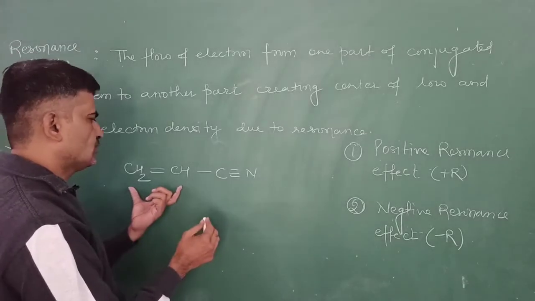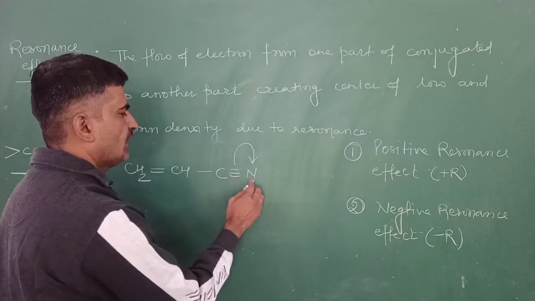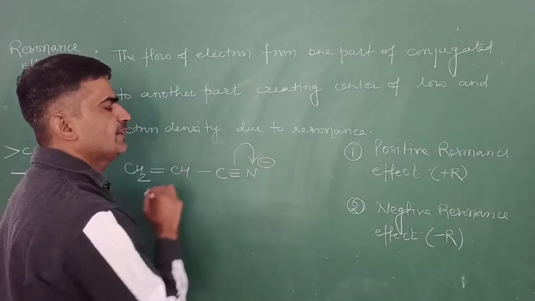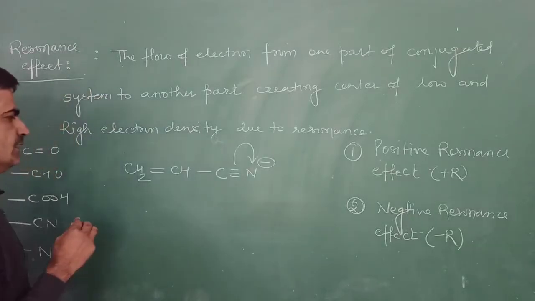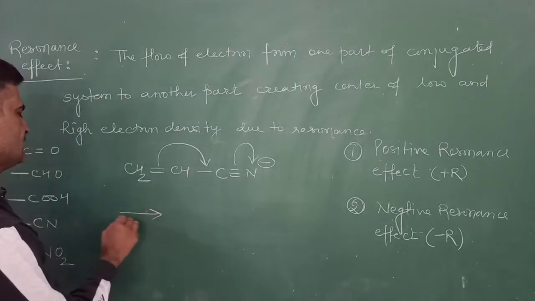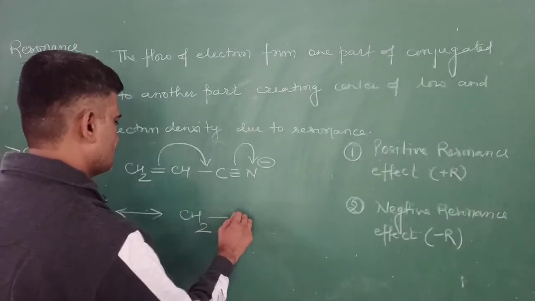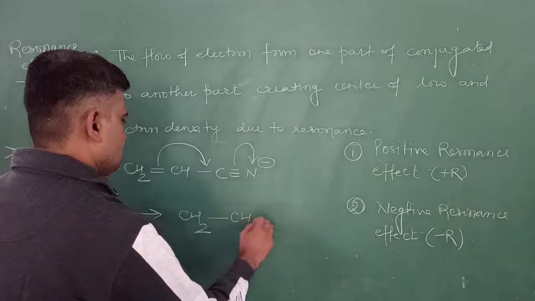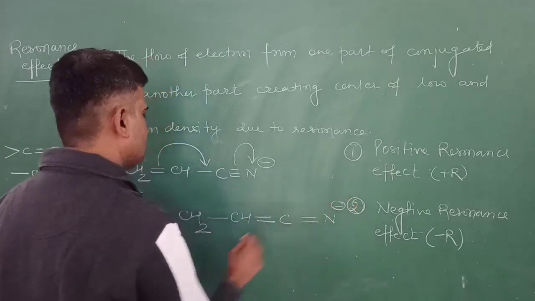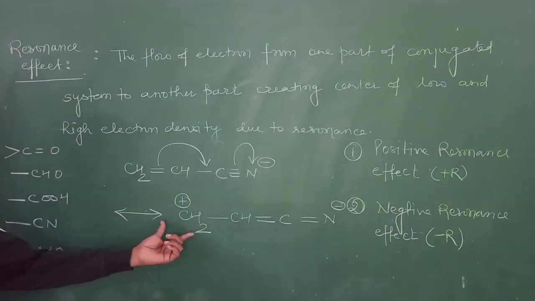Just like this is a conjugated system and this is a nitrile group. Nitrogen is more electronegative than this carbon. It withdraws the electron and bears the negative charge, and the electron will be transferred to this position. So now its next resonating structure is this: this becomes negatively charged and a positive charge appears on this carbon atom.